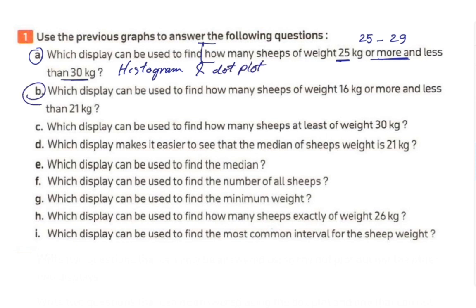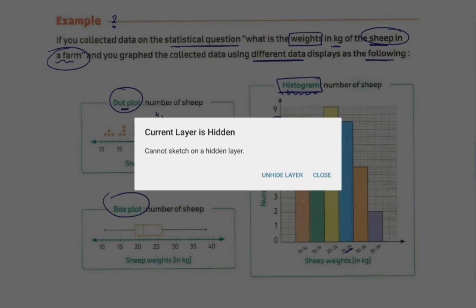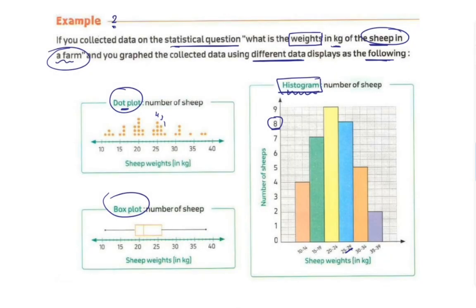Okay, question B. Which display can be used to answer the following question? How many sheep have weight 16 kilogram or more, but less than 21? Less than 21 is 20. So between 16 and 20. Go to the graph. Between 16 and 20, look here.